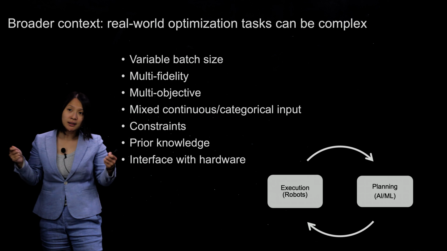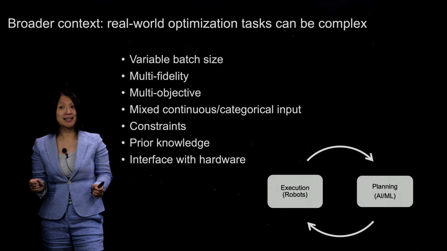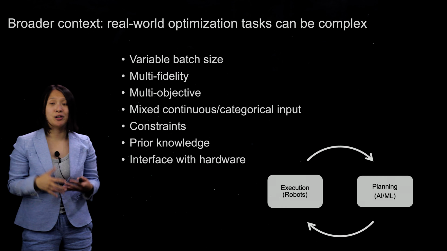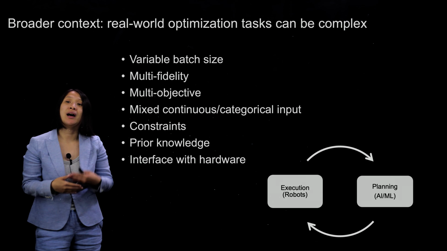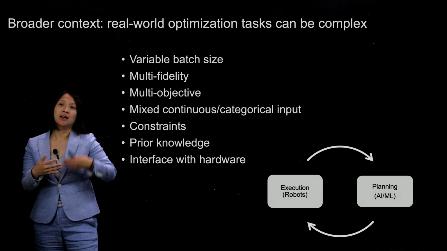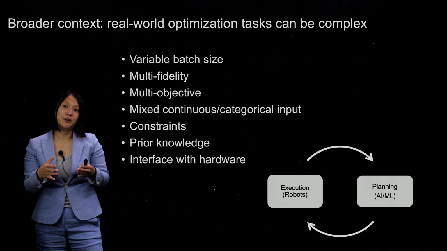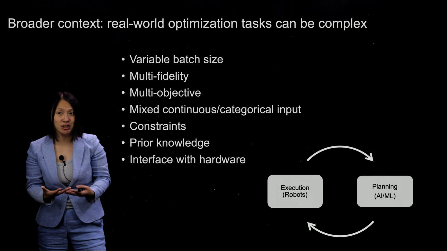So real world optimization tasks can be complex. So in this lecture, we discuss the use of Bayesian optimization to have the iterative learning, to have the optimization with the idea for it to be data and cost efficient.